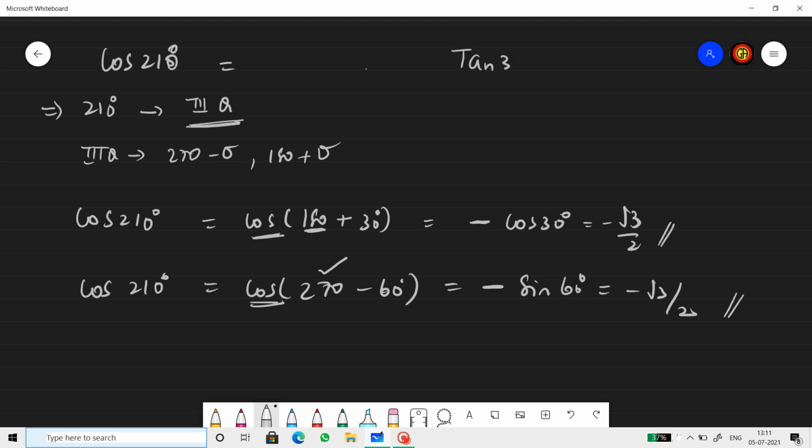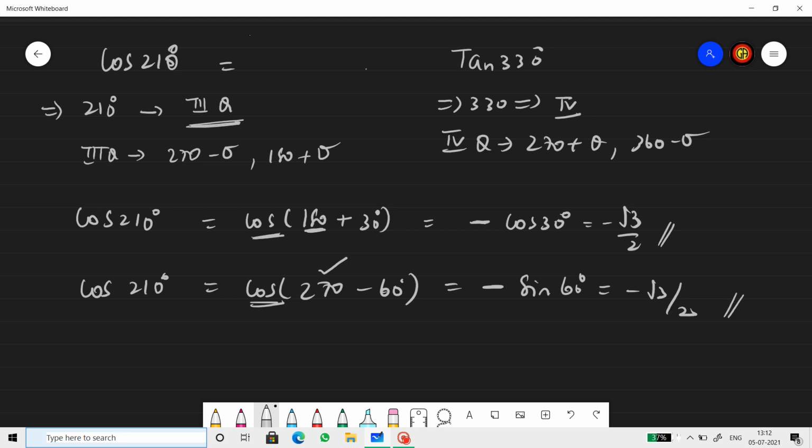Tan 330 degree. Which quadrant does 330 lie in? 330 lies in the fourth quadrant because it is above 270 and less than 360. In the fourth quadrant, we have angles above 270 and below 360.